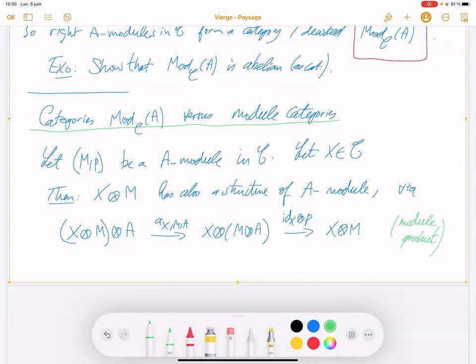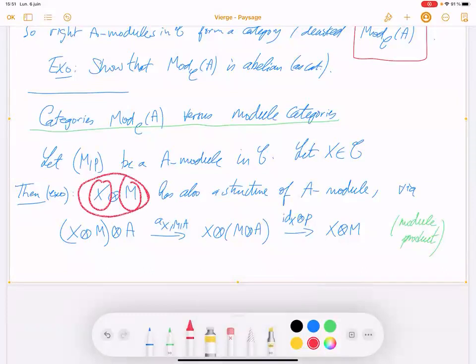It's an exercise to show that this module product provides the structure of a module on X tensor M. So we started from an object X and an A-module, and we were able to produce a new A-module.